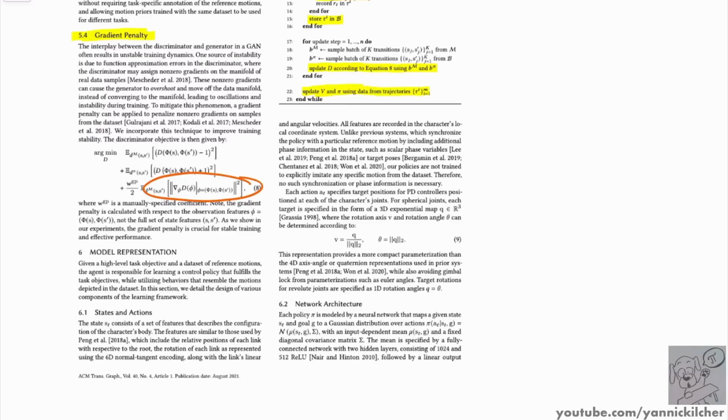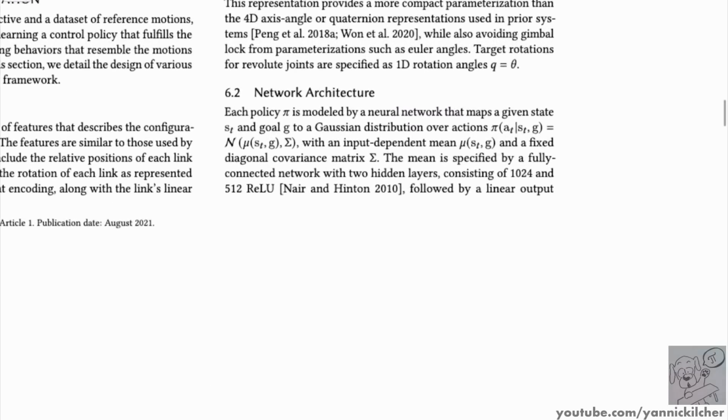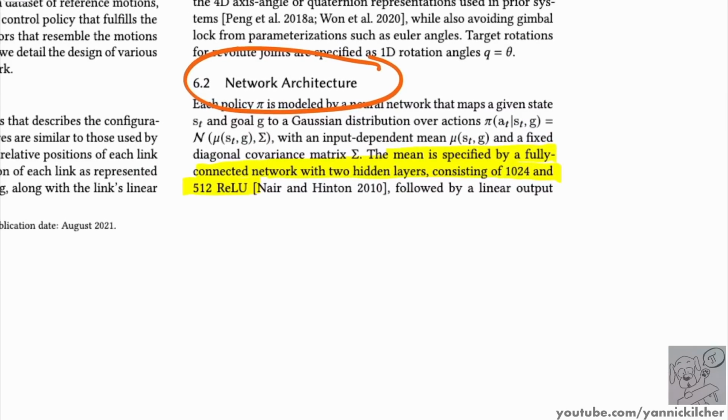They talk a lot about the representation of the actions right here, the policy here in network architecture, the policy and value and discriminator functions. They are very simple multi-layer perceptrons. So you can see like the mean of the policy function is specified by a fully connected network with 2 hidden layers consisting of 1024 and 512 units, with ReLU.